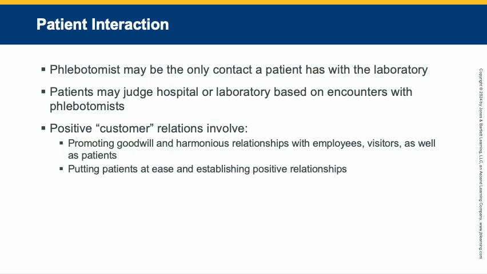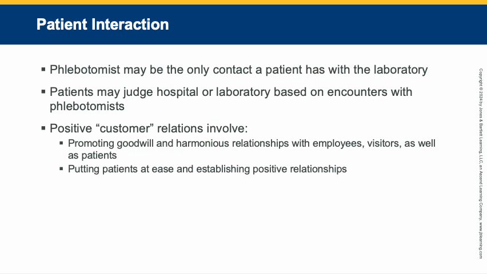So this is why it's so important to have empathy, because those patients are there because they're sick, or because they're having surgery, or because there is an issue that we don't know about. We don't know what's going on with them. We're there to draw their blood. So it's important that you have compassion and empathy, that you don't go in there rude or rushing or butting in when they're trying to tell you something.